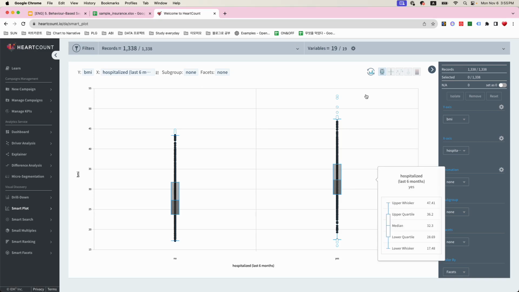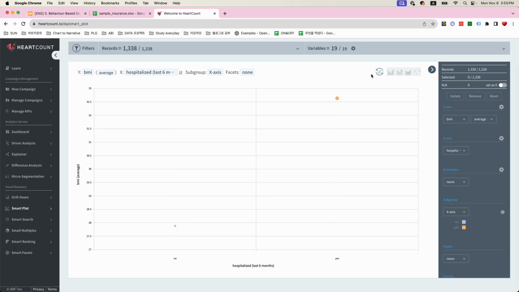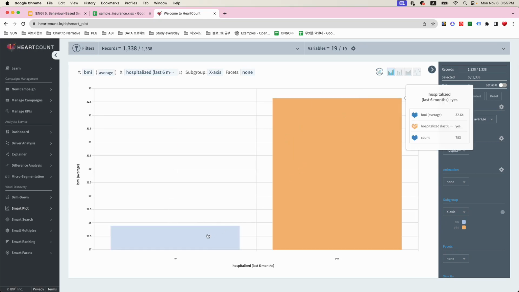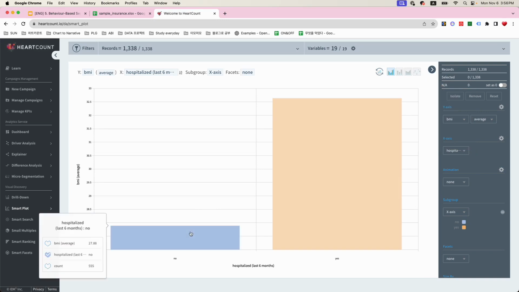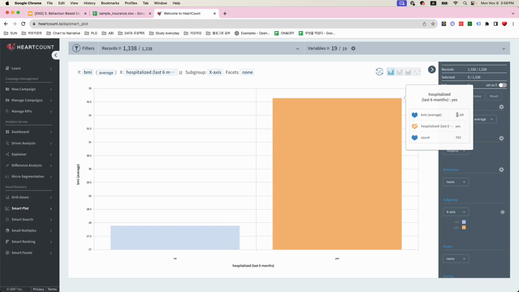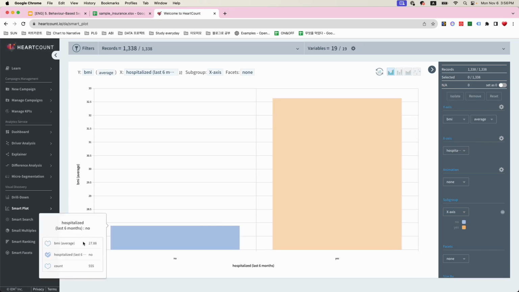Now, if we compare their averages, it becomes evident that overall those who were hospitalized incurred higher medical cost, and the average medical expenses for those hospitalized recently was 32 point something compared to 27 for those who were not.